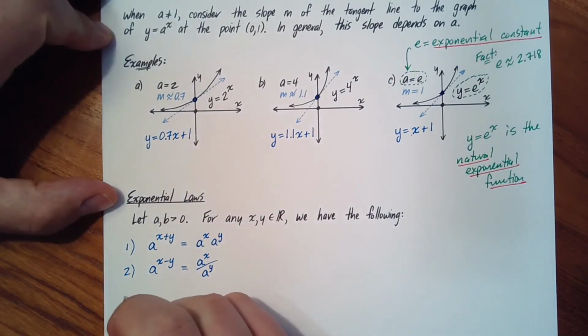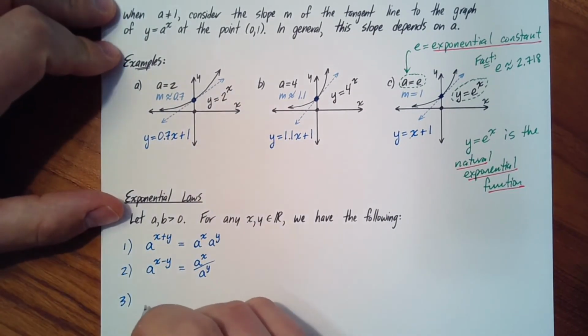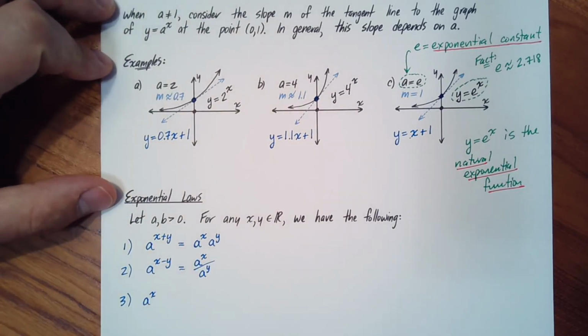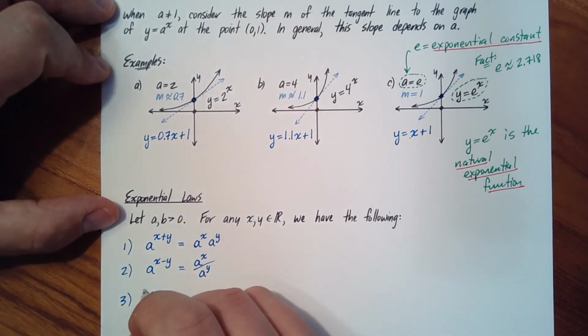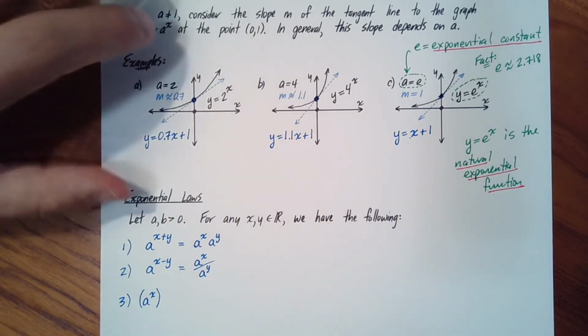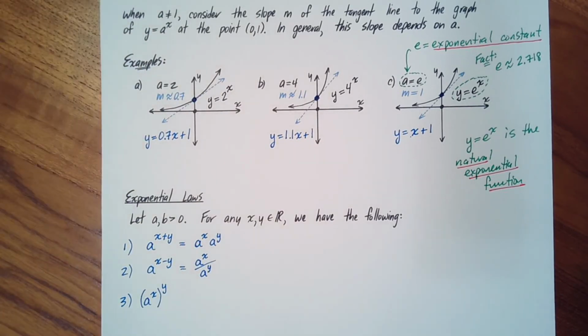The third property tells you how to handle nested exponents. So if I were to take a and raise it to the power of x, for example, and then take that entire calculation, finish it completely, work it out, and then take the result and raise it to the power of y. That's what this notation means, right?